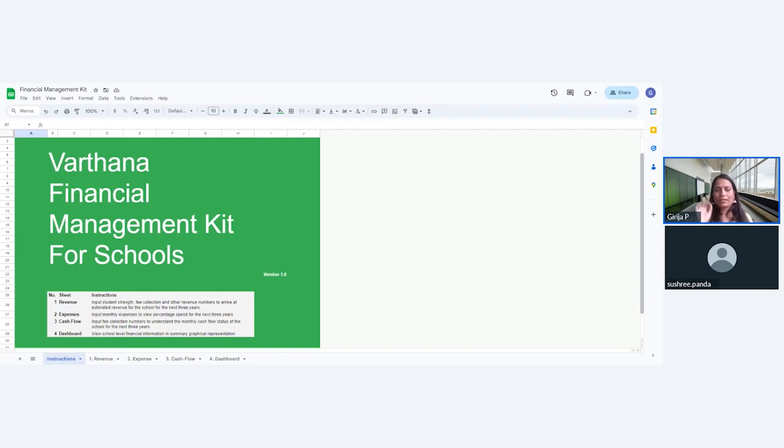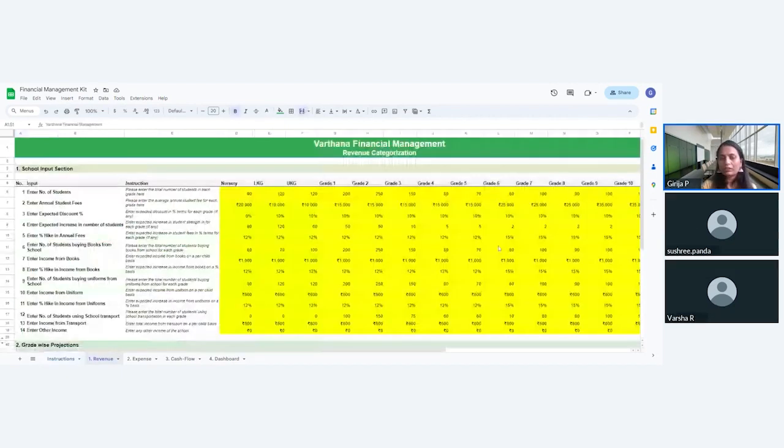every sheet we have. First we have this revenue sheet. As I mentioned, in revenue we are capturing what kinds of different incomes schools are earning from different sources.